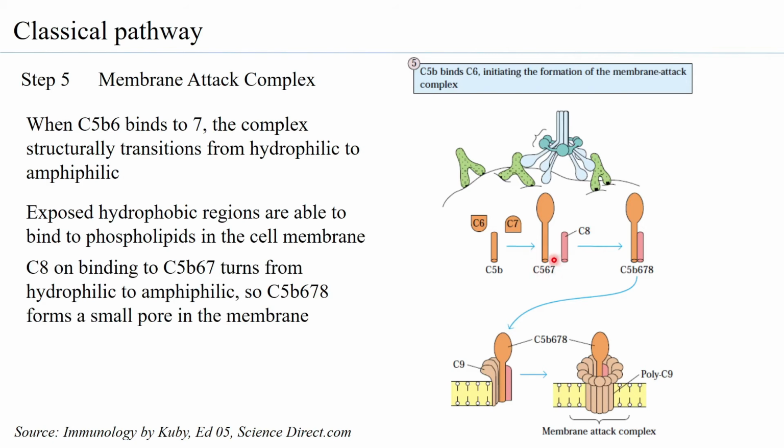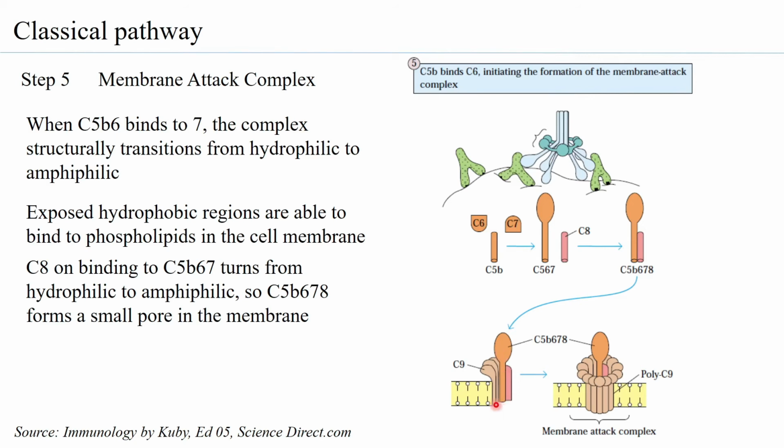The C5678 complex functions this way because C8, which is hydrophilic, also turns into an amphiphilic component. So C5678 together are able to penetrate into the cell membrane, forming a small pore.